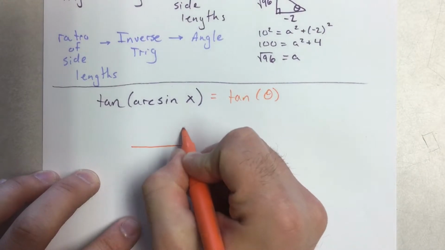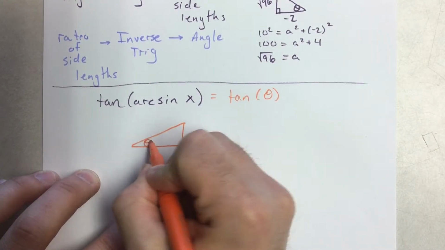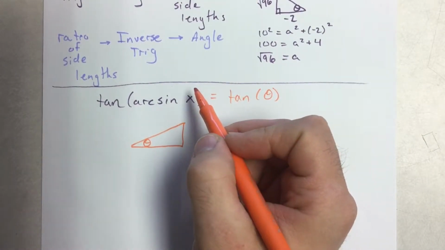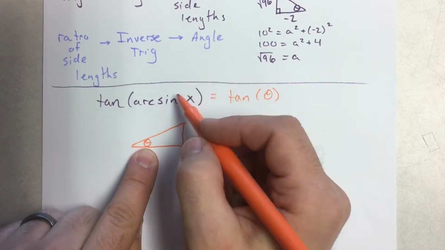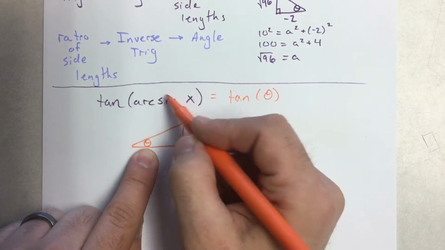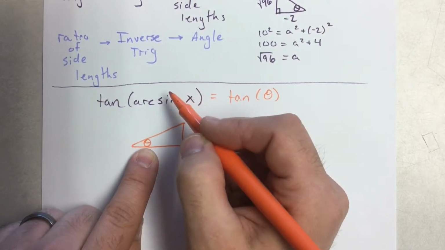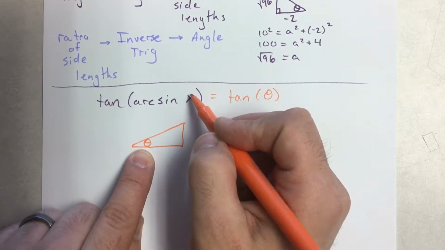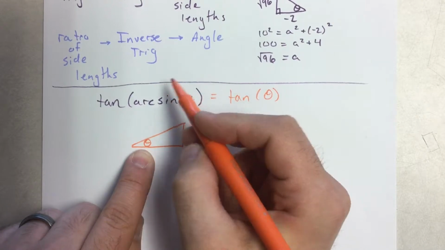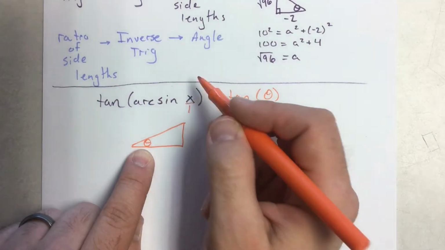So x being positive, here's our angle. So we can say sine of theta equals x. That's what arc sine, inverse sine is. So sine of theta will equal x. So x, that's actually x over 1. So sine of theta equals x over 1.